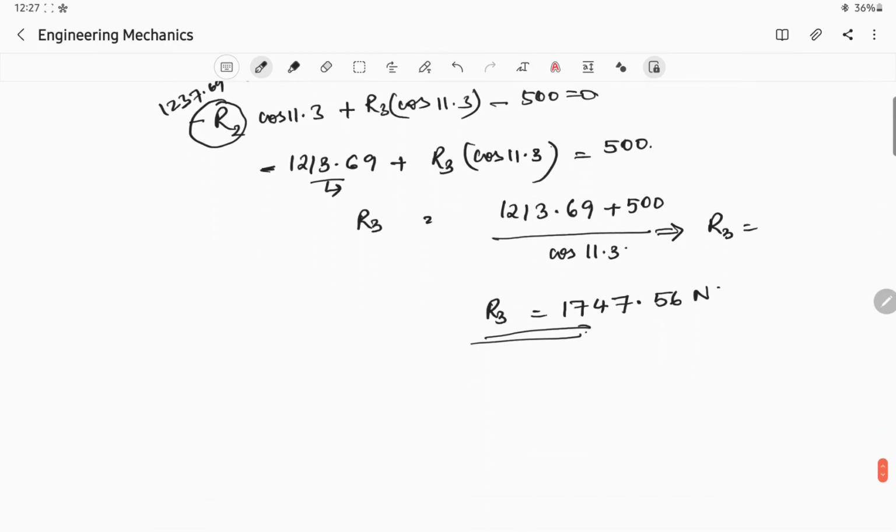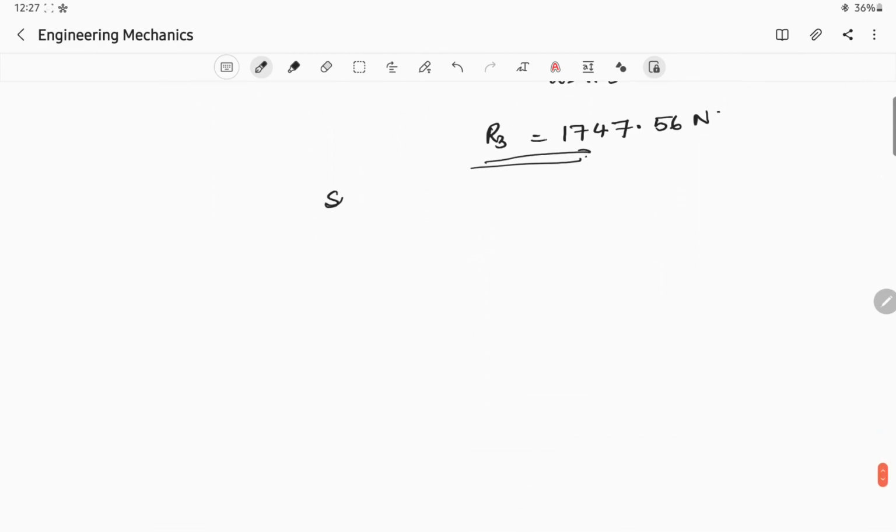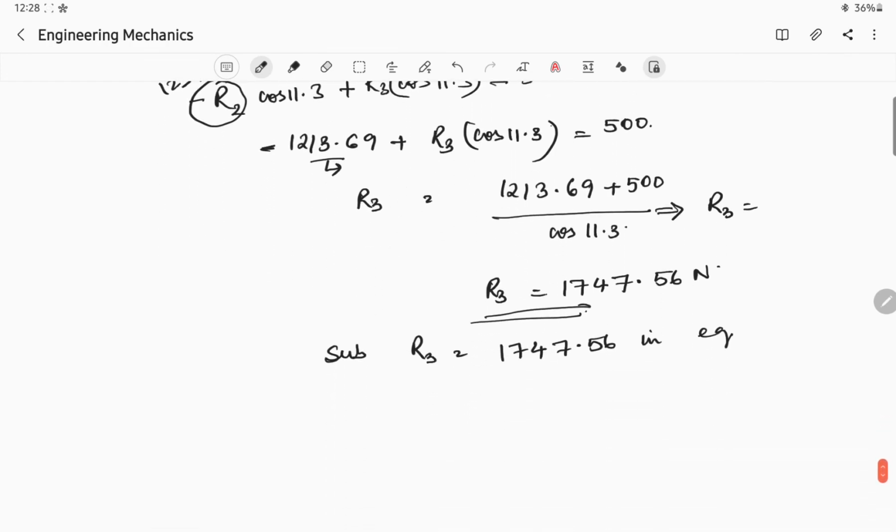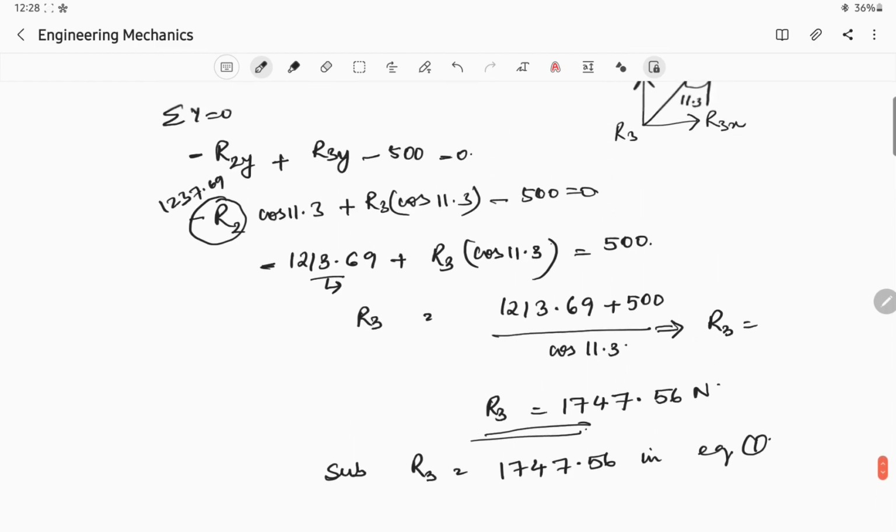Okay, substituting the value R3 is equal to 1747.56 in equation number 1.